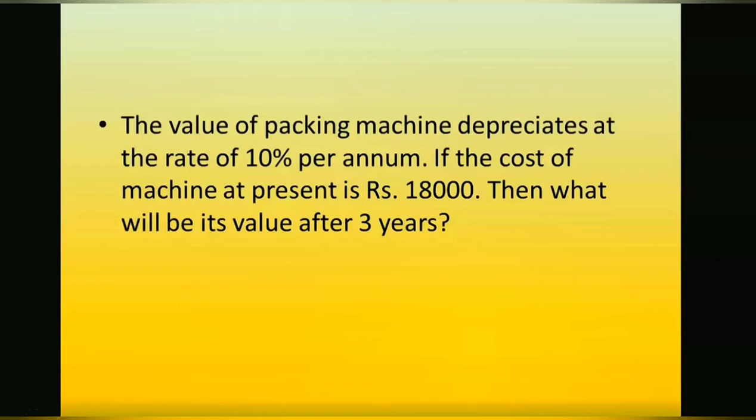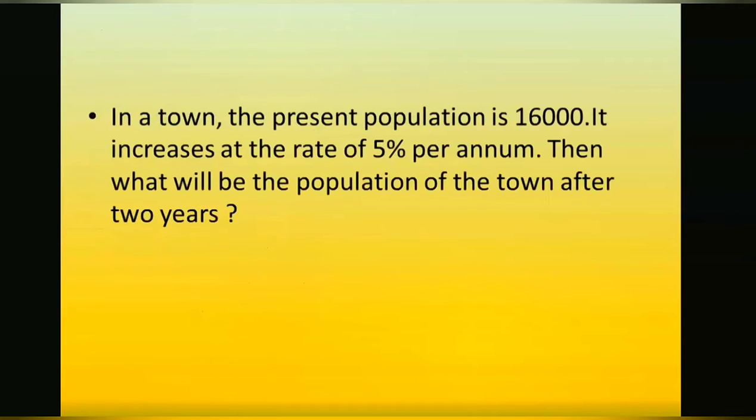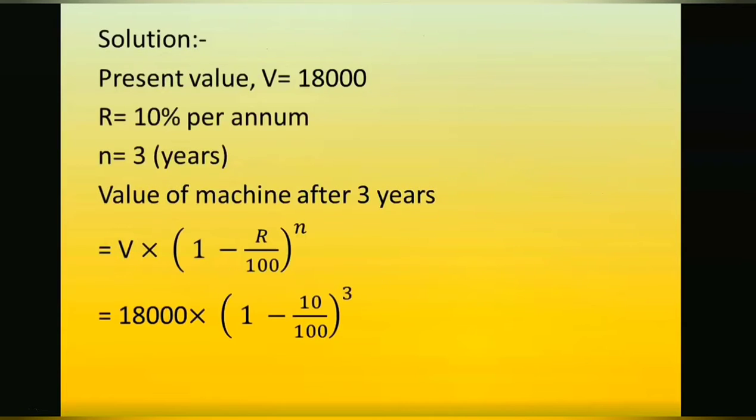That means it is depreciating at the rate of 10%, and we are asked to find the value after 3 years. So this will be the first formula from here. After substitution and simplification, we get the answer as 13122.